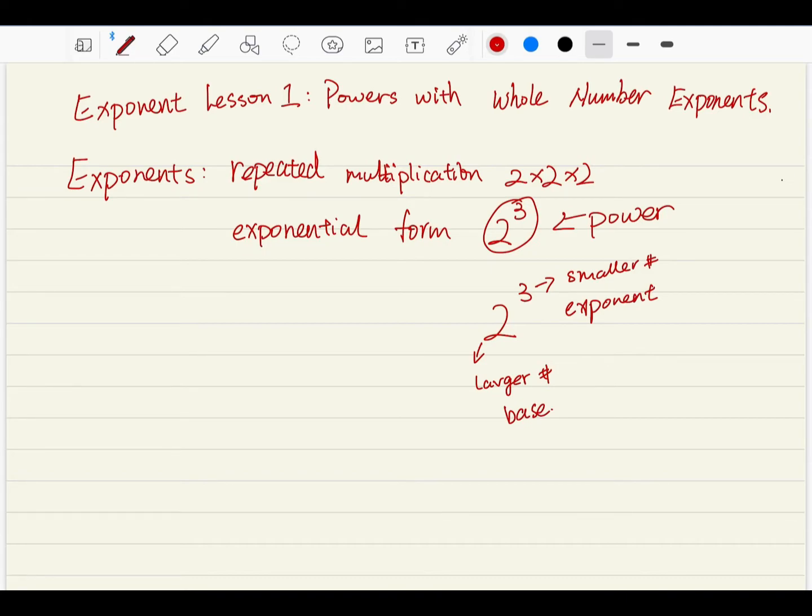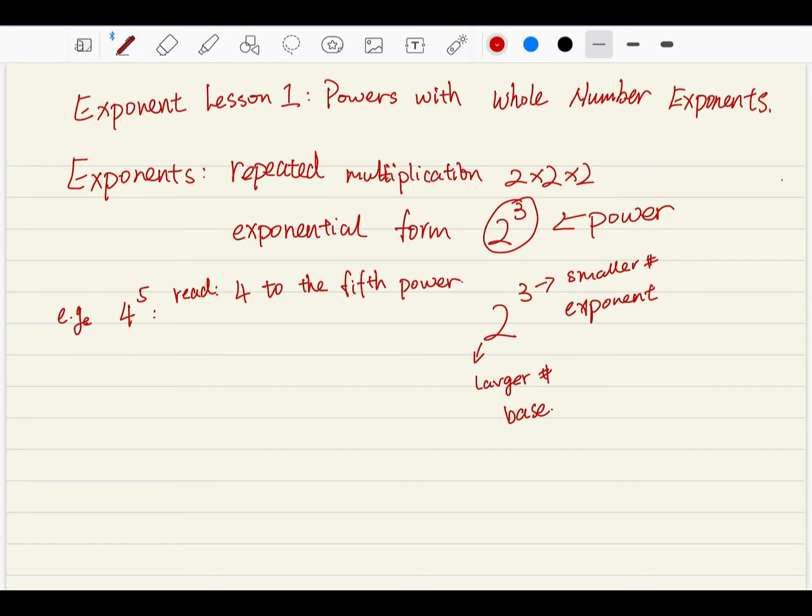For example, the first one is 4 to the 5th power. For the reading part, we can read it as 4 to the 5th power.